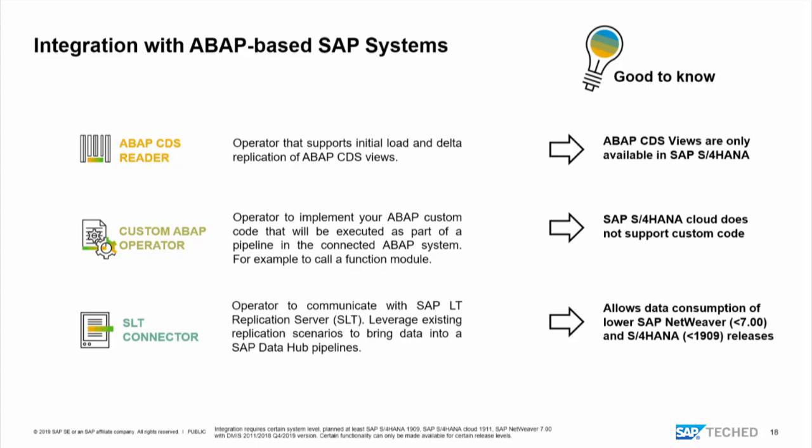For existing SLT customers, we have connectivity. So, for example, SLT can replicate directly into Data Hub, and we hand over the data and transport it further, which has a few release restrictions and prerequisites, but actually we can connect to each and every system which is there and support integration scenarios.